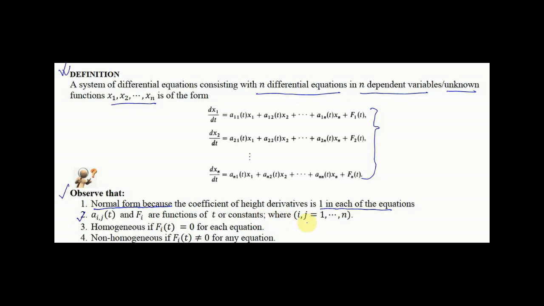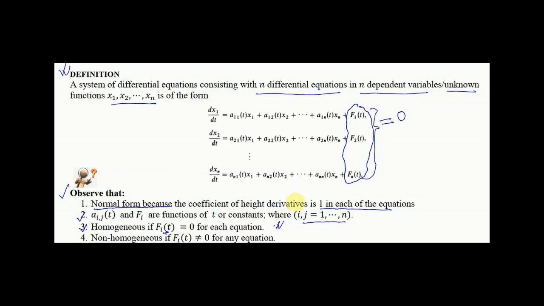Here a_ij and f_i are functions of t or constants, where i, j equal 1 to n. The system is homogeneous if f_i(t) is equal to 0. If all f_i are equal to 0, then this system reduces to a homogeneous form.